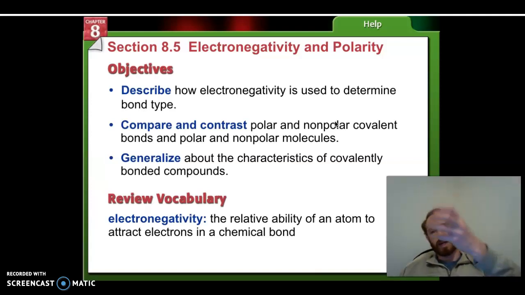If something's very electronegative, it is good at taking electrons from other atoms. So the nonmetals are really good at this, and especially the further to the right of your periodic table, the further up a period you go, you're going to have higher electronegativity.